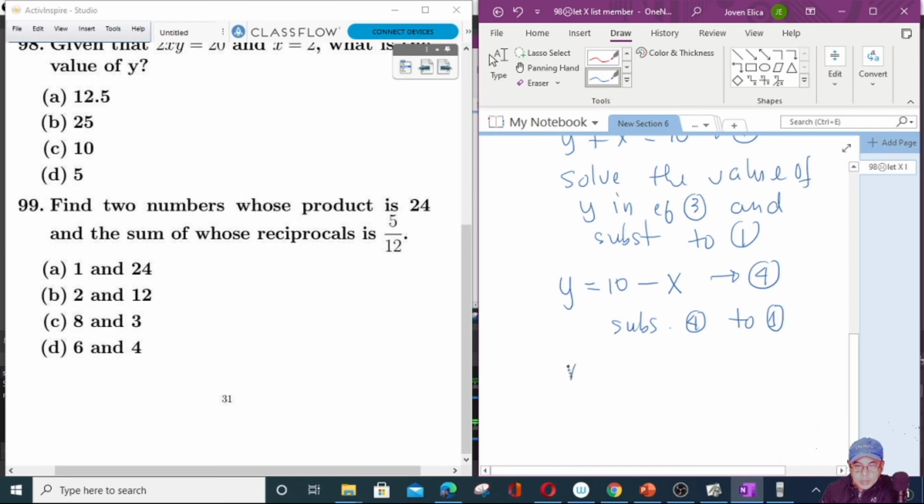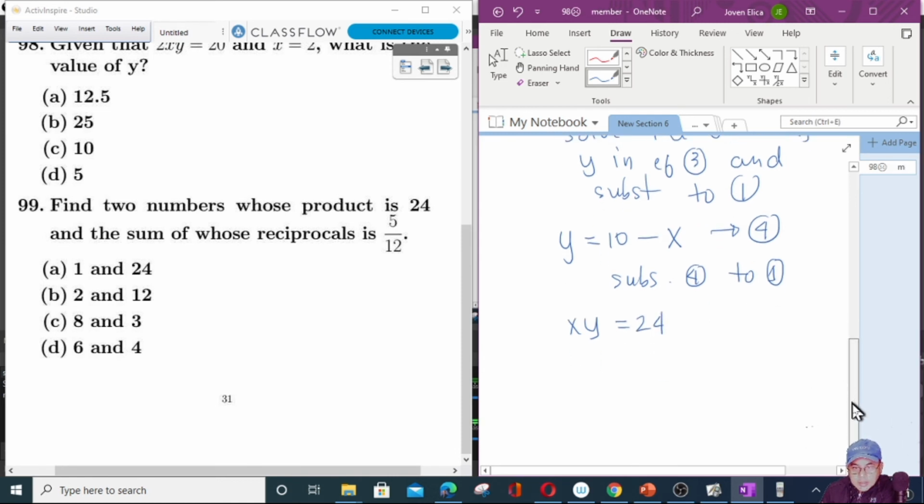So from 1 we have xy equals 24, and then let us substitute the value of y, which is 10 minus x, so x times (10 minus x) is equal to 24.